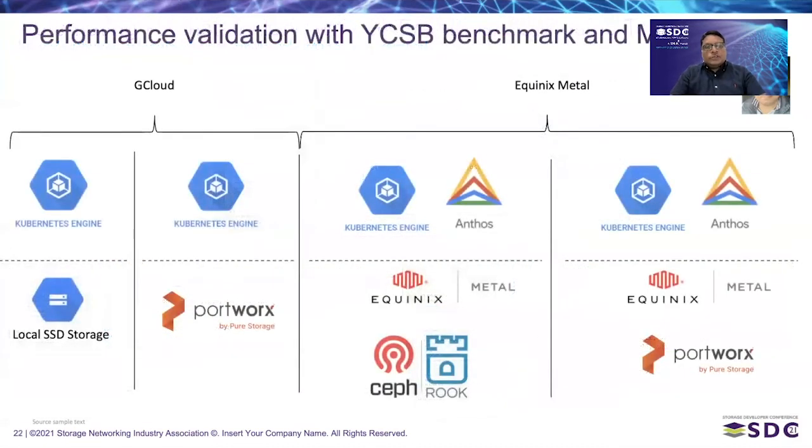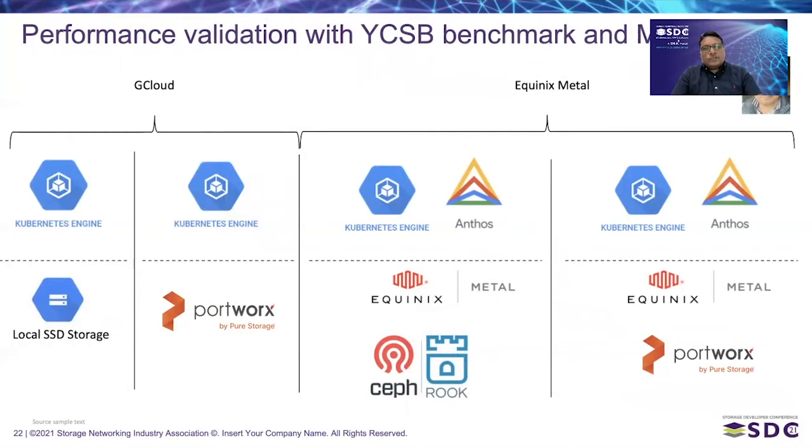During this validation, we took 3 different use cases. The extreme left was running Kubernetes GKE on a local SSD, using Portworx as a comparison. Then we also compared that with Ceph and Rook, and finally running this on Equinix Bare Metal. So on the left-hand side, there's no bare metal involved. It's just regular GKE running.